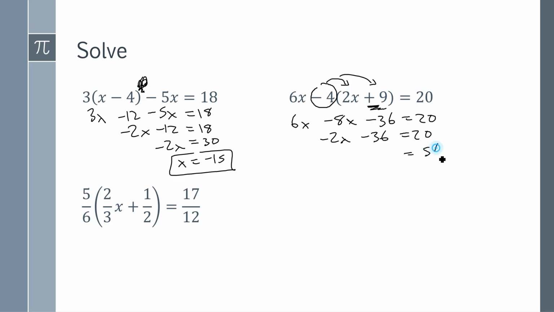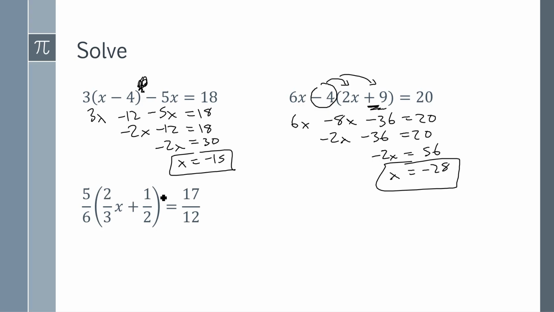Add the 36, that gives me 56. And divide by negative 2, that gives me negative 28. So you see I distributed, combined like terms, added the 36, brought down, divided by negative 2, and got negative 28. I didn't have to write that I was adding the 36 or dividing by negative 2, but if that helps you, go ahead.